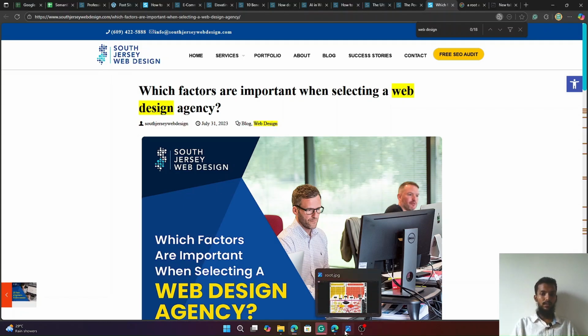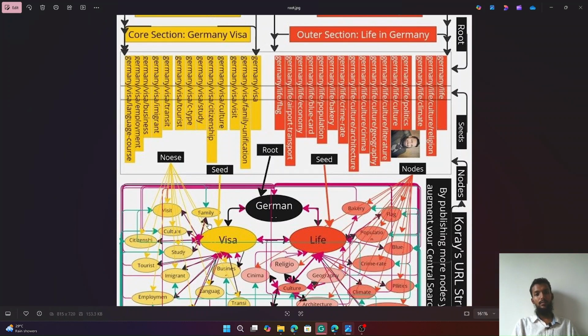Now if you see this picture that was mentioned by Mohammed Hamid Khan, and the picture was actually made by his father, so shout out to both of them. You can see a root article: if you are consulting about Germany visa, then your root article should be about Germany.